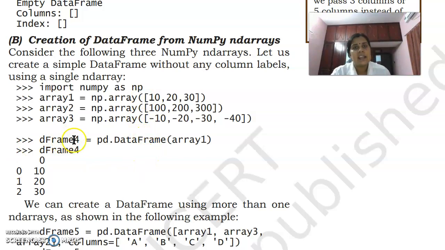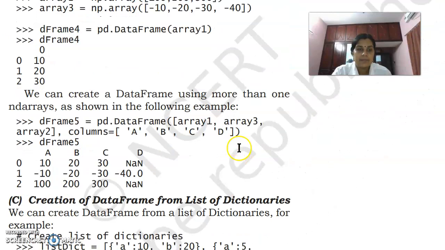Then how can we create a data frame? We give a name to the data frame object equal to pd, where pd is the pandas object, dot DataFrame of array1. Array1 means 10, 20, 30. Then a table-like structure with 10, 20, 30 is created.